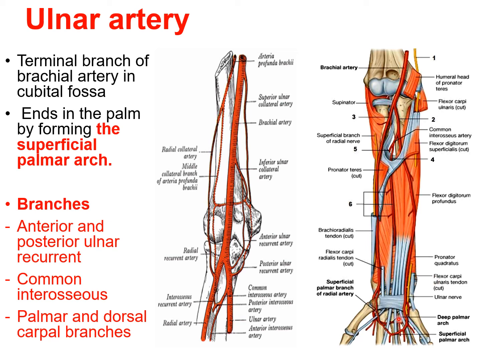This arch is formed medially by the dorsal carpal branch of the ulnar artery and laterally by the dorsal carpal branch of radial artery. Superiorly, this arch is joined by anterior and the posterior interosseous arteries. Inferiorly, the arch supplies three slender dorsal metacarpal arteries.